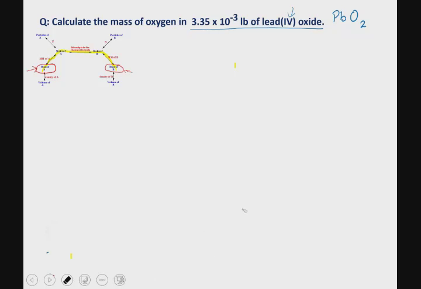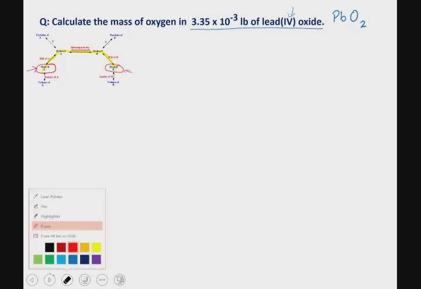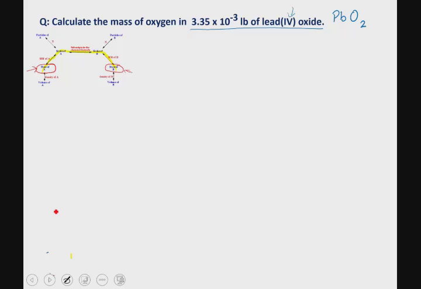So you can use this picture to set up your problem given the information and given what you have to calculate. Okay, so let's get started. Always start with what's given and that needs to be converted. In this case, what's given is 3.35 times 10 raised to minus 3 pounds of PbO2.